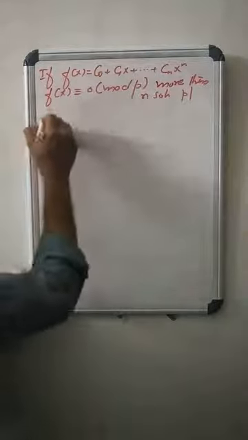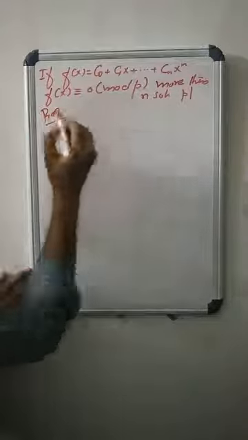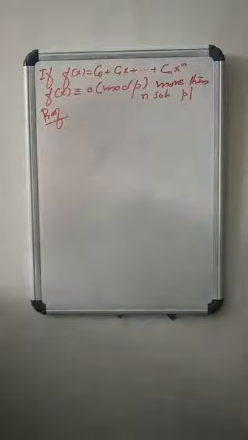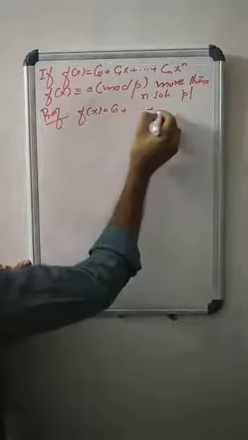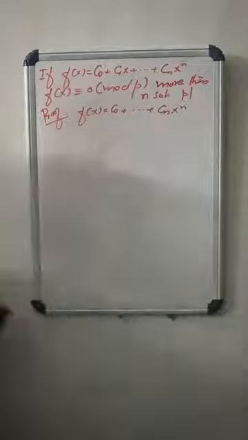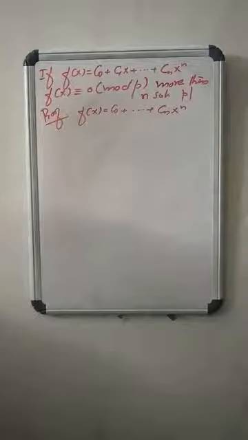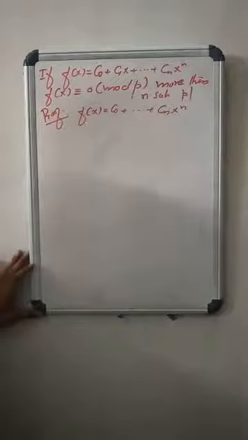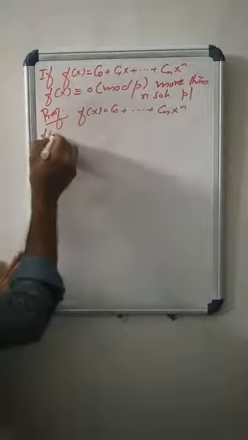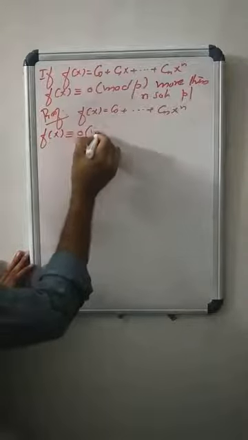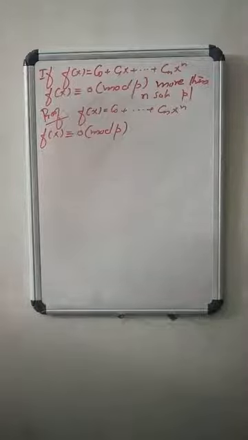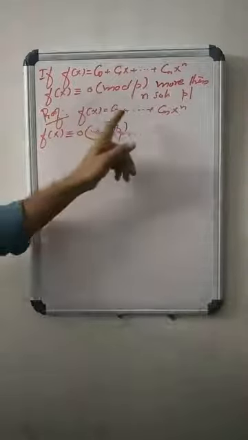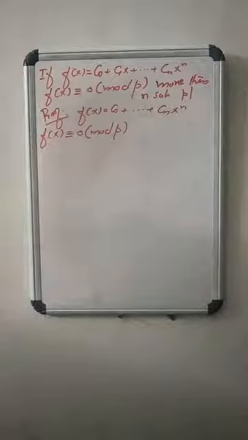So how to prove this? Consider the given polynomial f(x) = c0 + ... + cn x^n of degree n with integer coefficients. If the congruence f(x) ≡ 0 mod p has more than n solutions, then we have to show that each of these coefficients must be divisible by p.